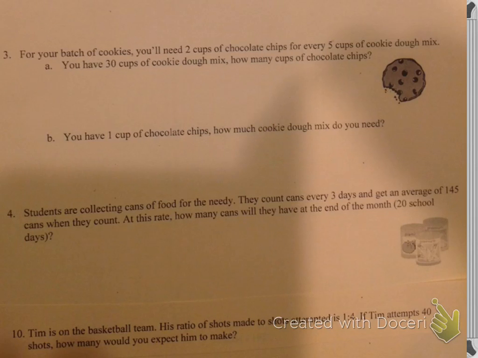Next one. For your batch of cookies, you will need 2 cups of chocolate chips for every 5 cups of cookie dough. 2 to 5.